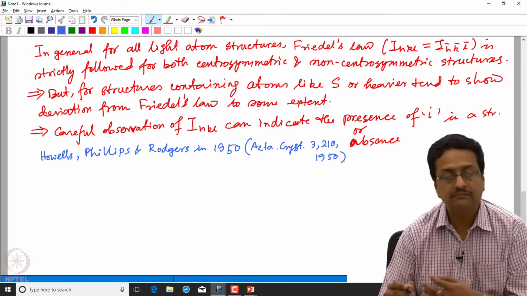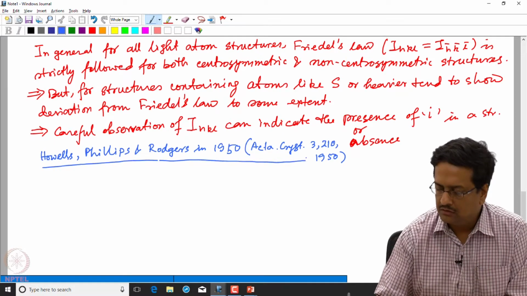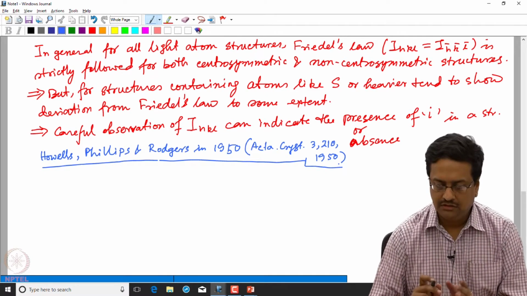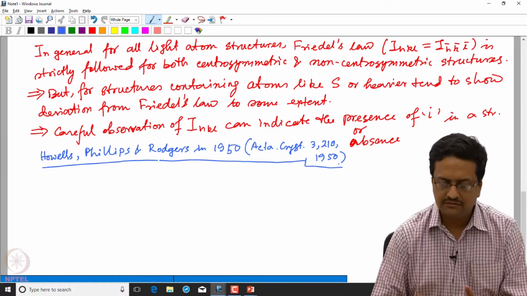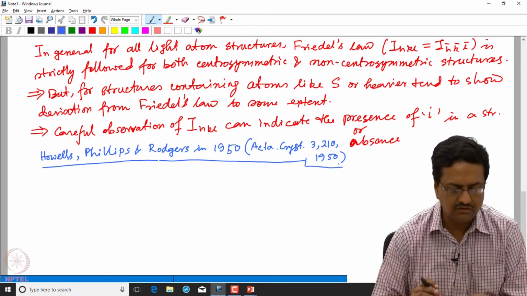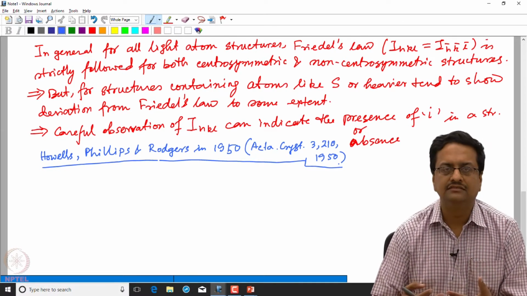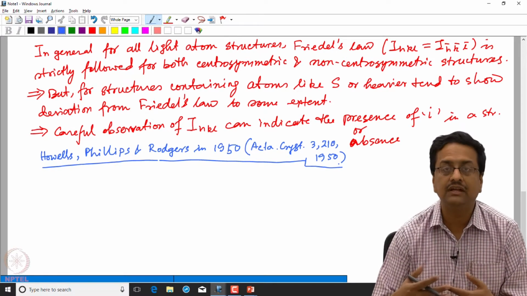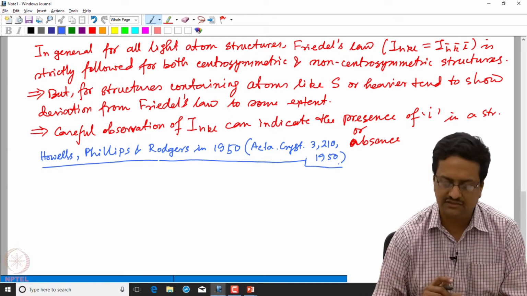What they proposed is from the general observation that the intensities for I H K L are more tightly packed about the I average for non-centrosymmetric structures, whereas the I H K L values are more deviated from the I average value for centrosymmetric structures.